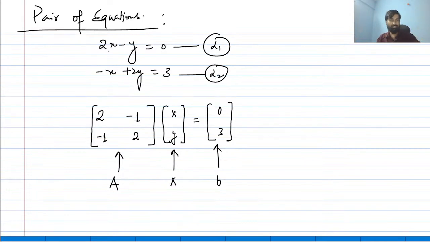There are many other methods too, like Cramer's rule and LU decomposition, but elimination is one of the powerful ones. We call this the matrix A. A matrix is nothing but a rectangular array of numbers. We got these numbers from the coefficients of the equations, so this is also known as the coefficient matrix.